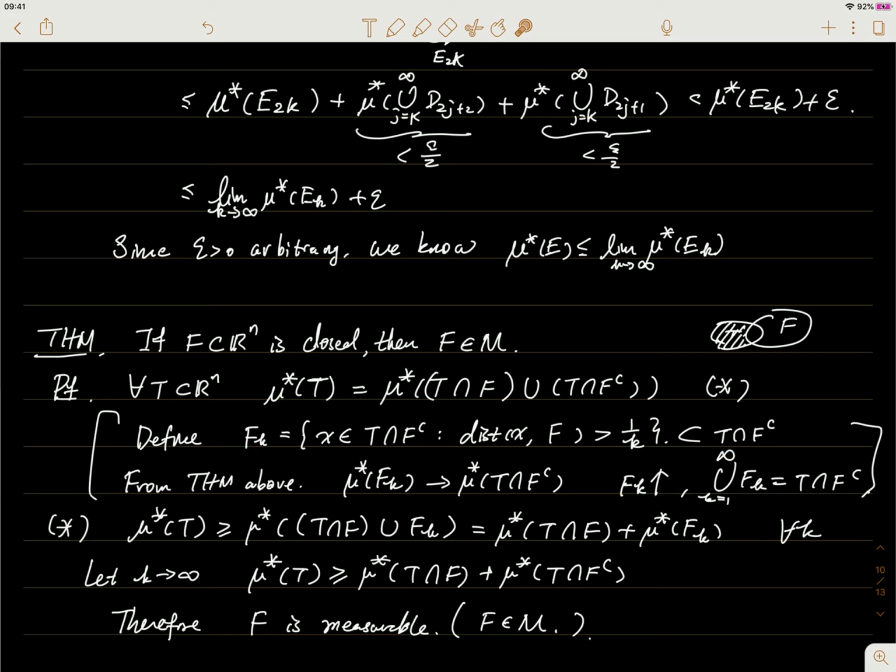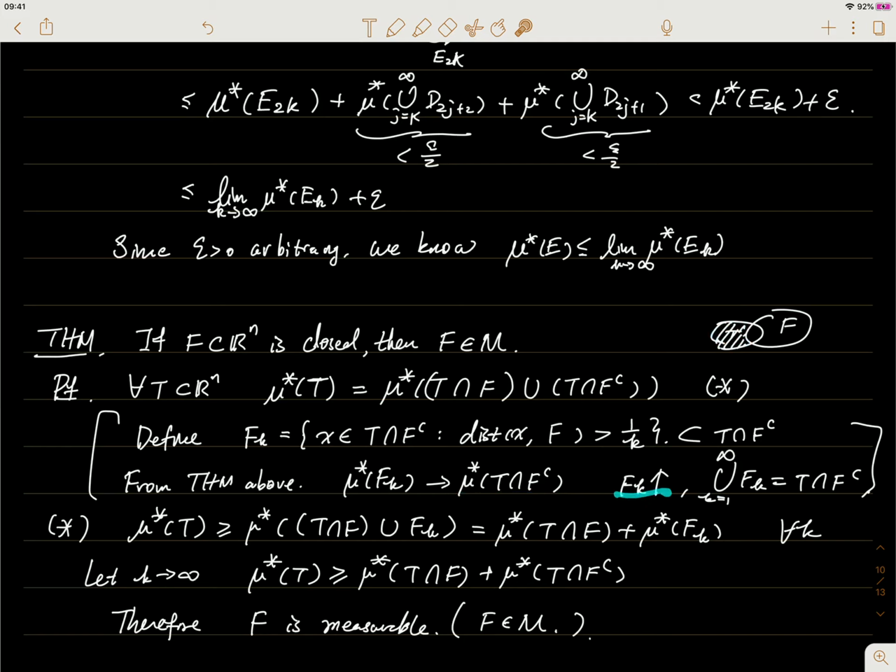And as you know, I'm going to gradually increase k, so this F_k will be inflated. Eventually the outer measure of F_k will gradually increase to the outer measure of this shaded area. That's what the theorem proved earlier.